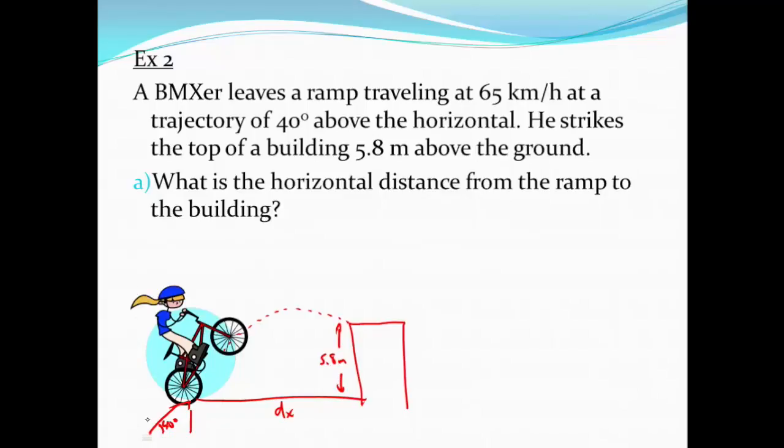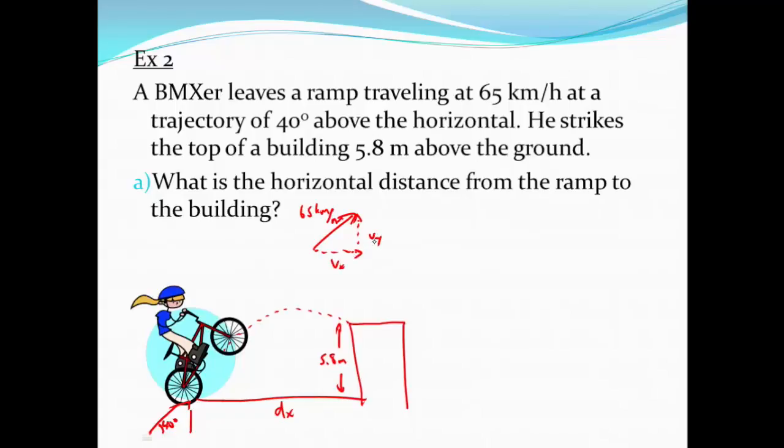So when asked what the horizontal distance is, if you remember from all the previous examples, we need to find the flight time, and then we can find the horizontal distance traveled because of that flight time. But before we can do that, we need to find the components of the vector first. So we know that this is 65 kilometers, and we know that it has two components, Vx and Vy.